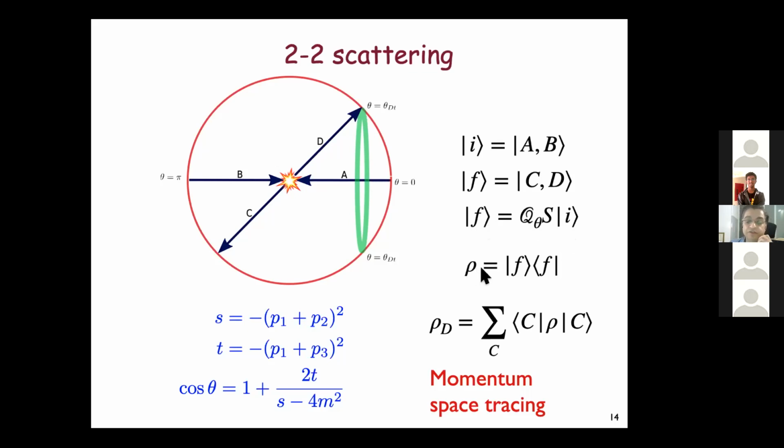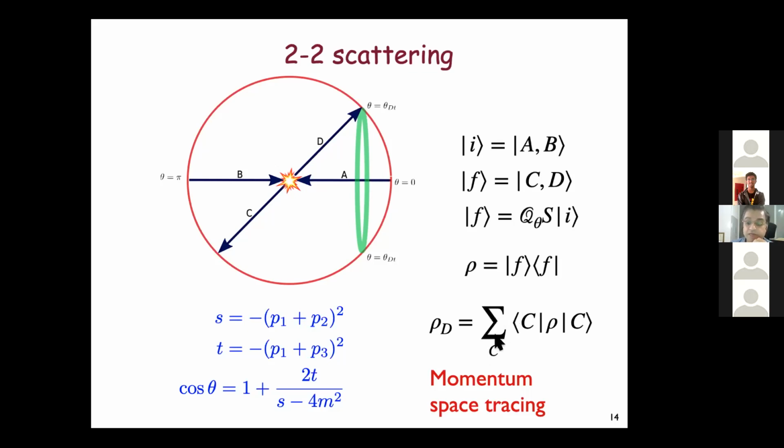After that, you have a density matrix for the final state particles, which is given by this. And then you decide to trace out the C particle. You could decide to trace out the D particle, it doesn't make any difference. But you decide to trace out the C particle in this manner.